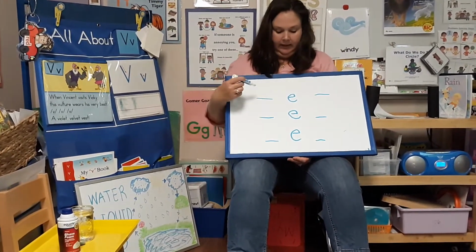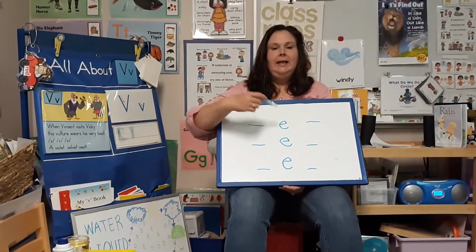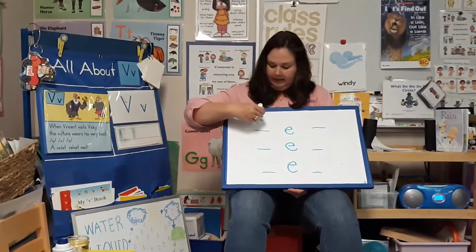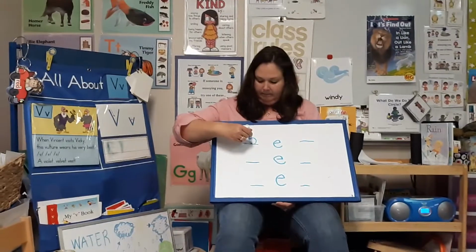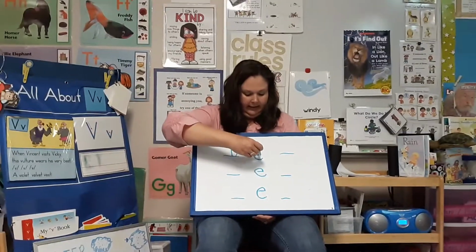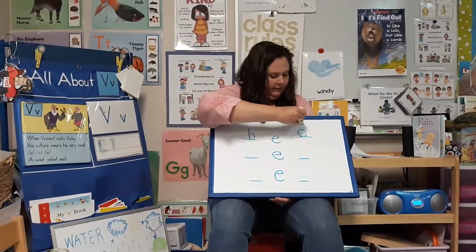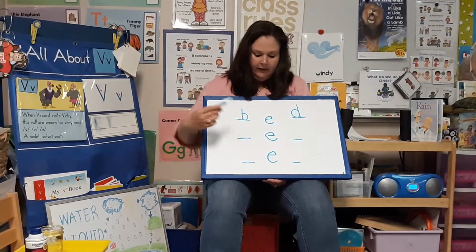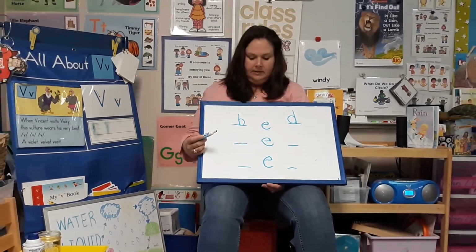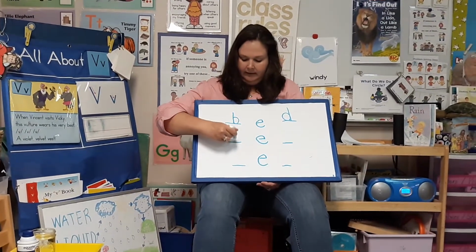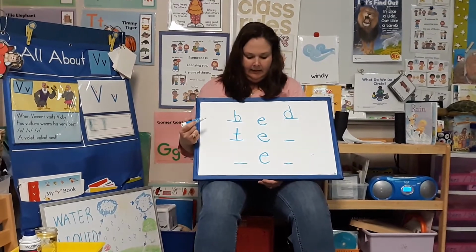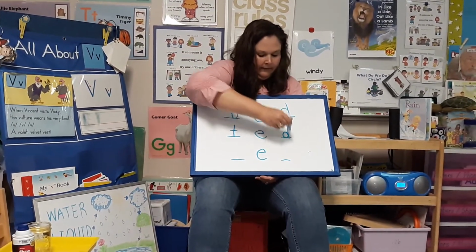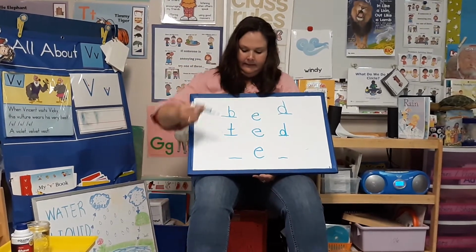So if you wanted to make a word with eh for our word families, we could do the B. So if I add a B here, b, eh, d, and you can write the word bed. And then you can fill in the other letters to make new words, like our other word with a T, t, ed, Ted.